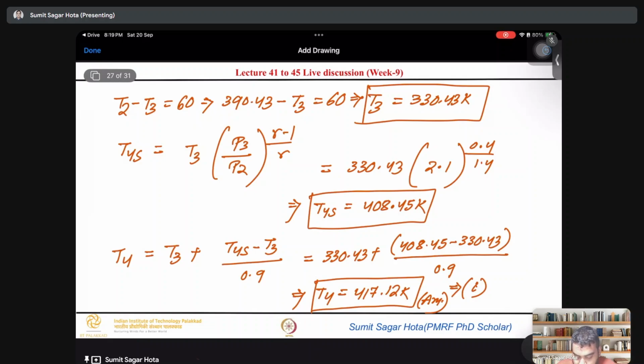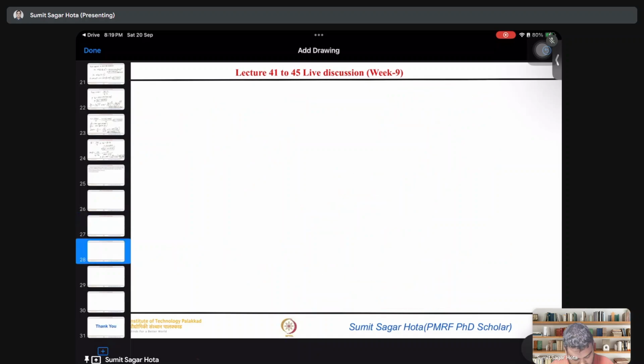Okay. So what else do we need? We now need the compressor power. Let's find out the compressor power.